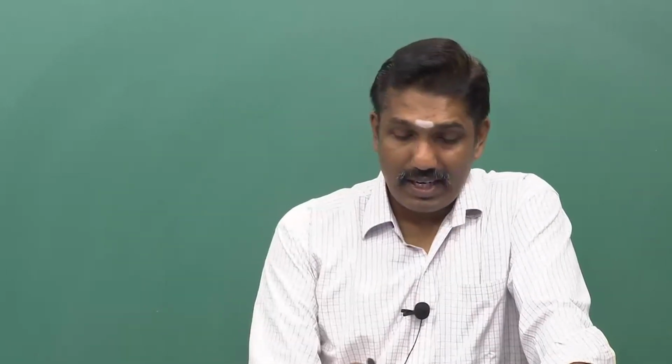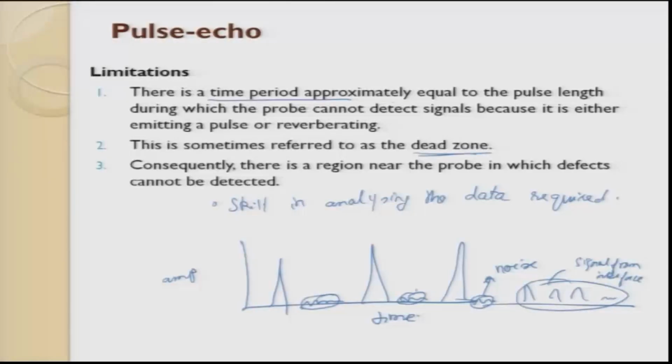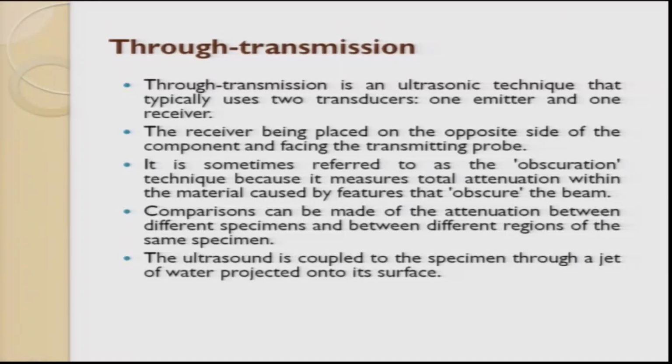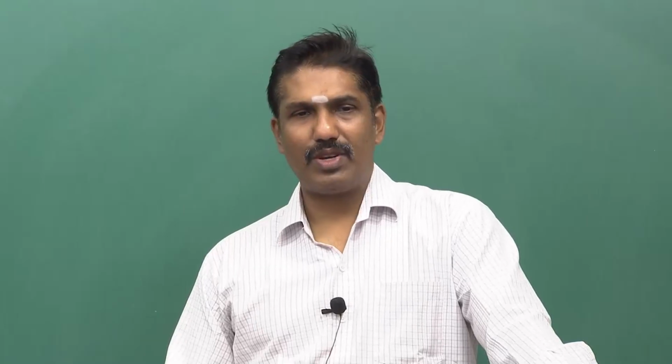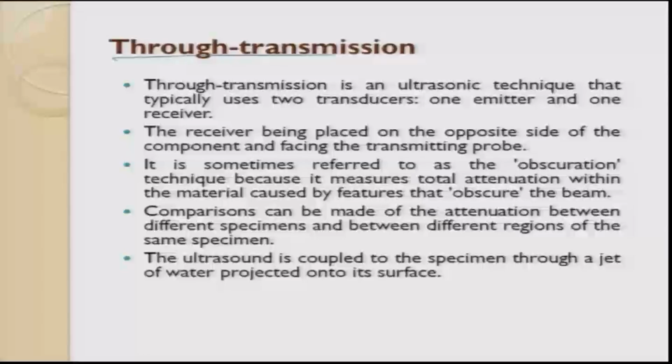Here, the dead zone is a time period approximately equal to the pulse length, during which the probe cannot detect a signal, because it is either emitting a pulse or reverberating. So, this is the dead zone. Okay. This defect also can come, and it is very difficult to find out what this is and then interpret. The next one in the same ultrasonic is called the through transmission system.